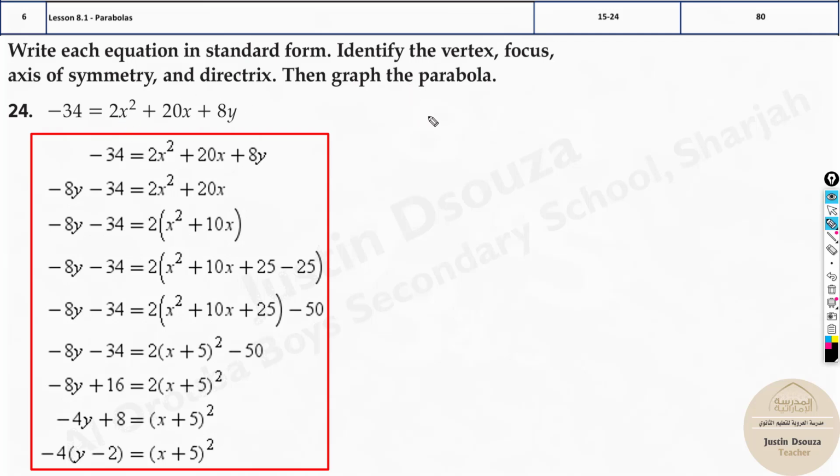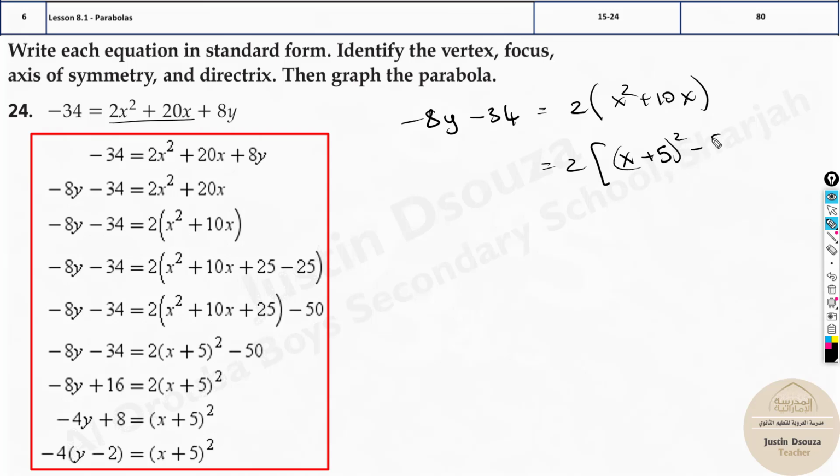What happens is I'll take this 8y to the other side. It will be minus 8y minus 34 is equal to 2 common out only for these two terms, okay? X squared plus 10x. Now what? I will have to write this in completing the square method. That will be x plus 5 the whole square minus 5 squared.